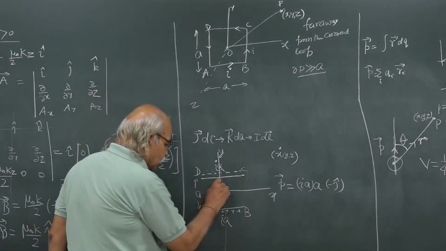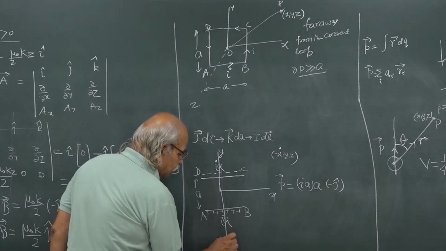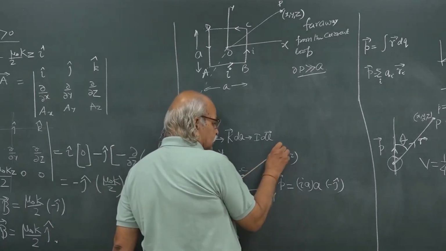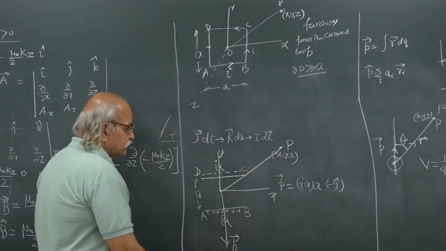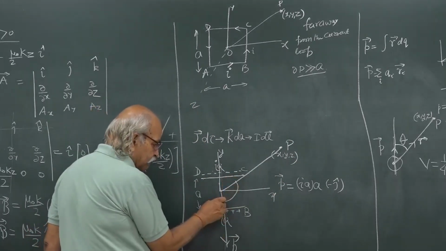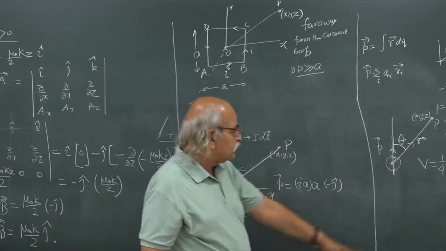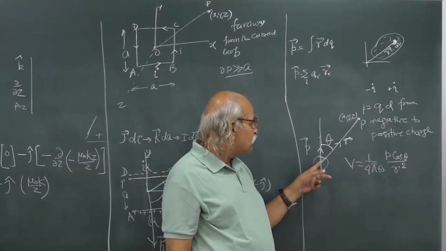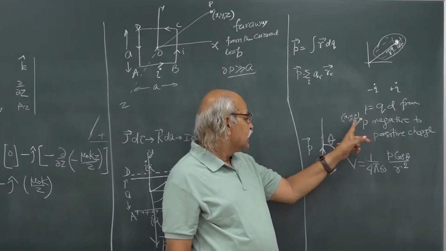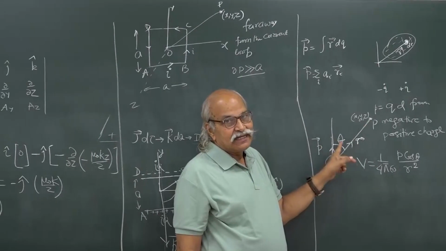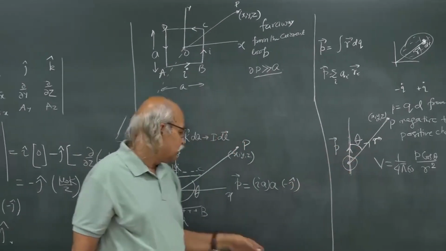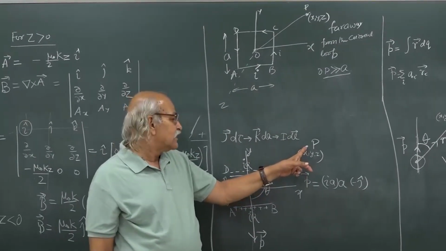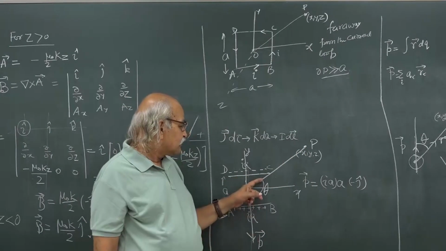So, this is the direction of P, and here is this point capital P. This is that point where we need that field, and therefore, this is theta. This theta is the angle between the dipole moment and the line from the origin, or dipole, to the point P, this is the r vector. So, here the dipole moment is this way, and that origin to P line is your r vector, and therefore, this is theta.